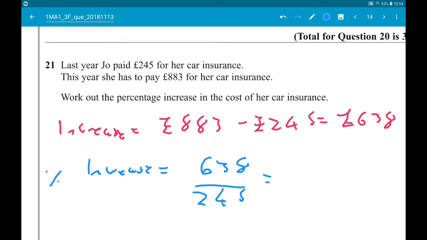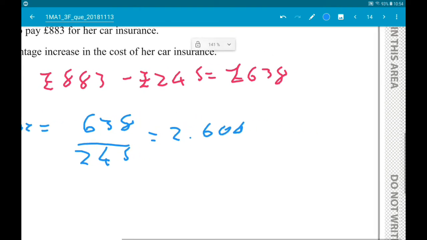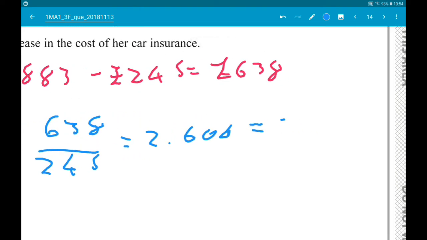Now that is going to give us 2.604. So what we then need to do is 2.604 times 100. So that is 260.4%.